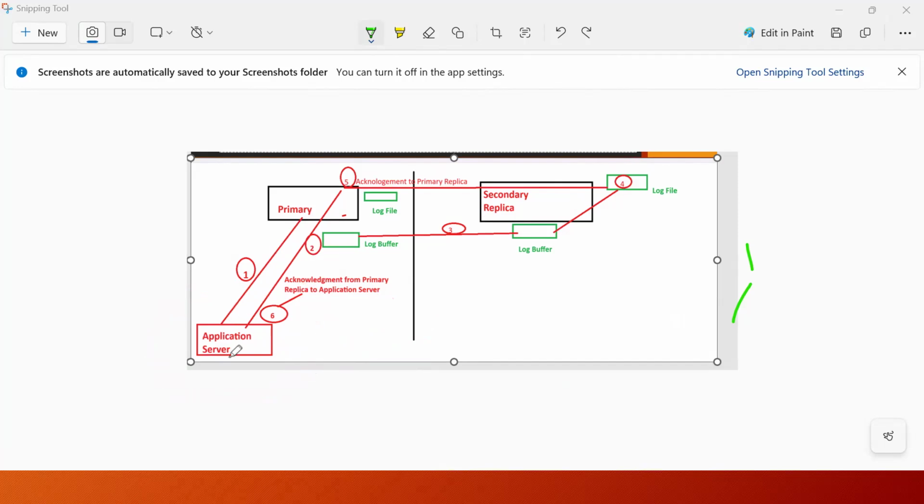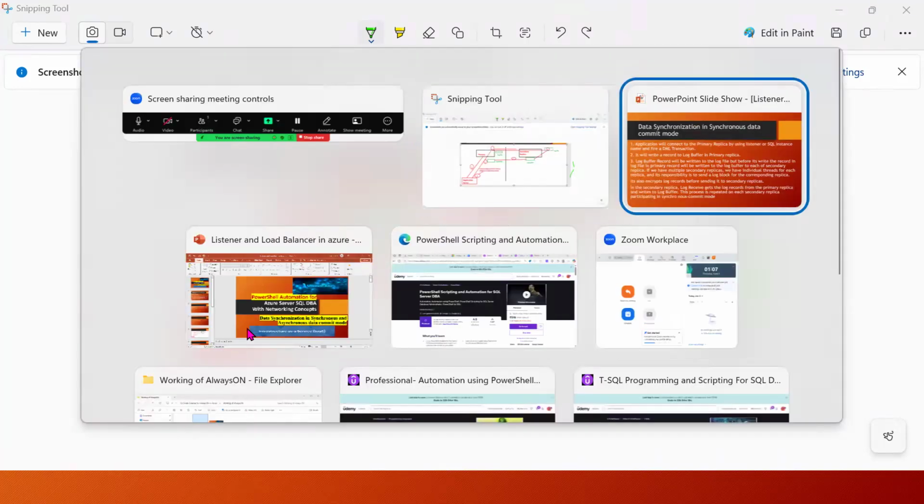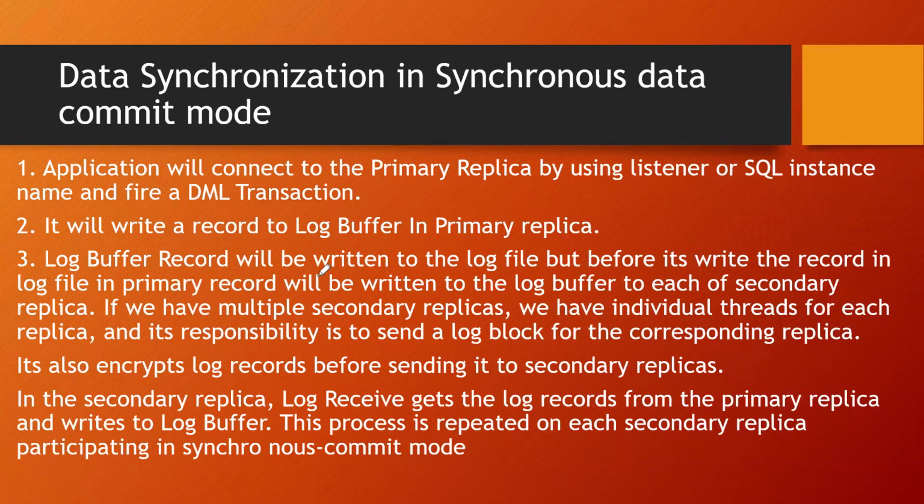Once the user fires the query from the application server, what is the first step Always On will do? The application will be connected to the primary replica by using the listener or the SQL Server instance name, and the user will fire the DML transaction. I think for step one, there is no doubt.